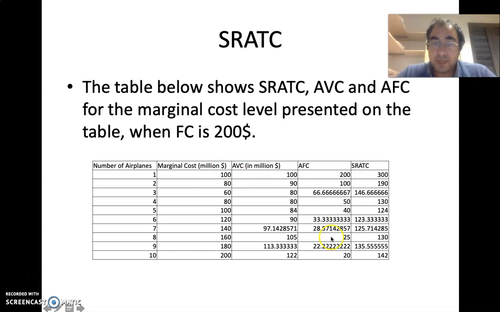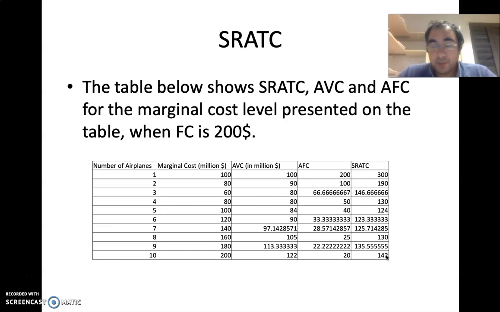As long as adding a new unit costs less than the average cost, adding a new unit will decrease the cost. So the sixth unit is still 120, which is less than 124. But when adding new units costs more than the average cost, in that case, adding new units will increase the costs.